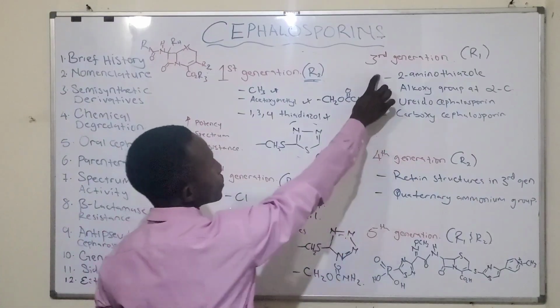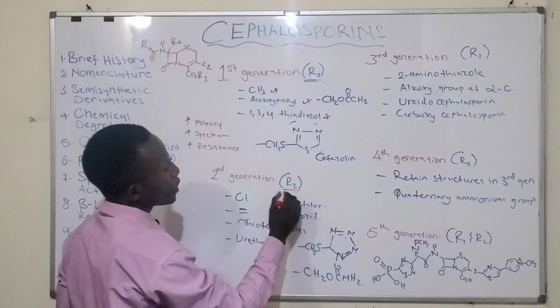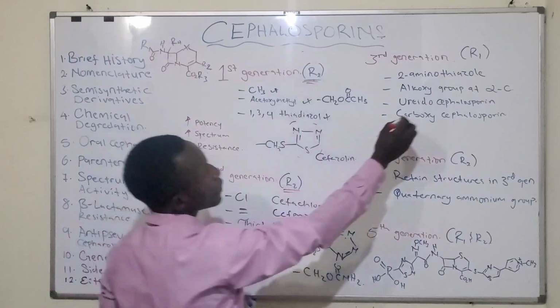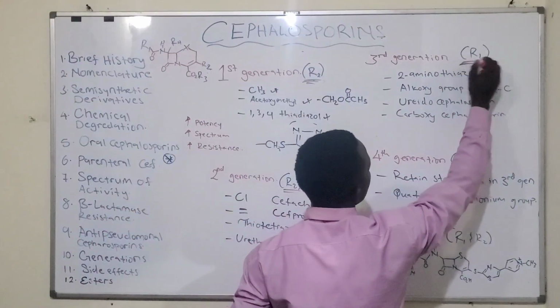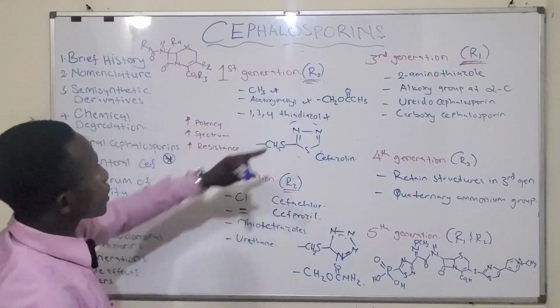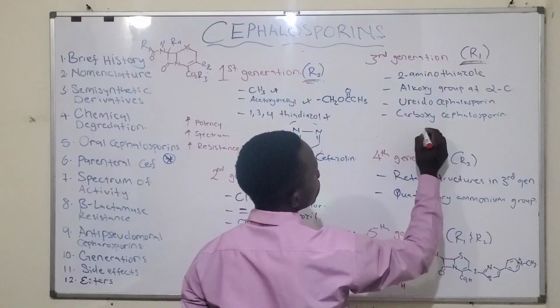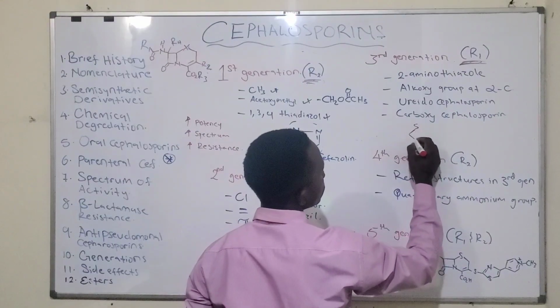Then for third generation, this one and this one, we are dealing with the R2. But for third generation, mainly we are dealing with R1. At R1, we have the 2-amino thiazole. We saw the 2-amino thiazole.